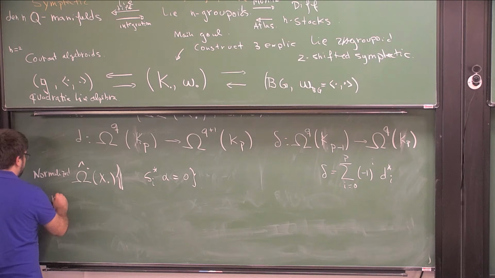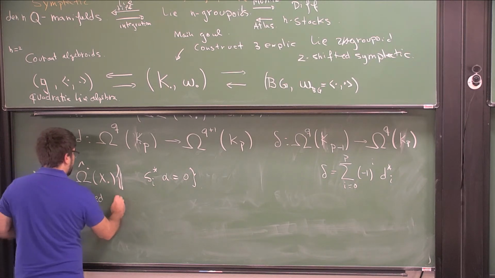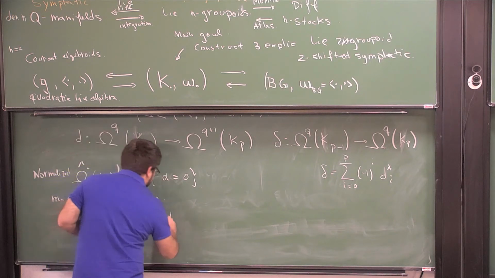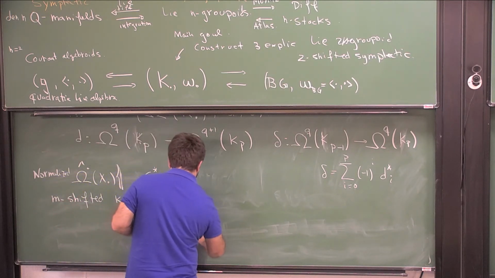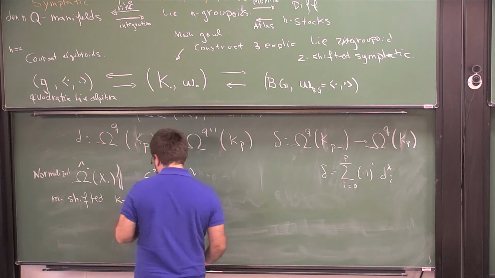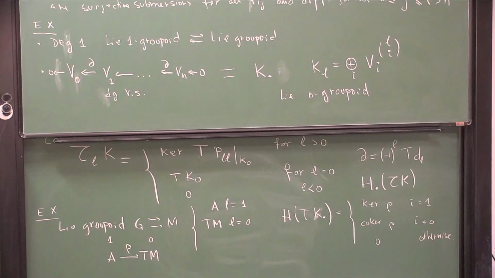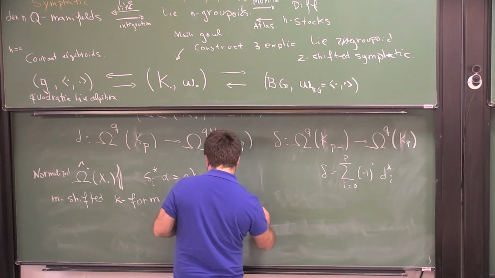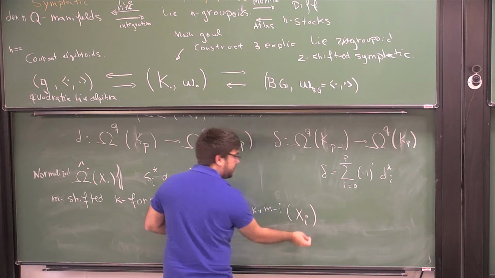M-shifted k-forms are just the alphas, and here I have a collection from i equal 0 to m of alpha_i, and each of these alpha_i lives on the normalized complex of Omega^(k+m-i) of X_i.